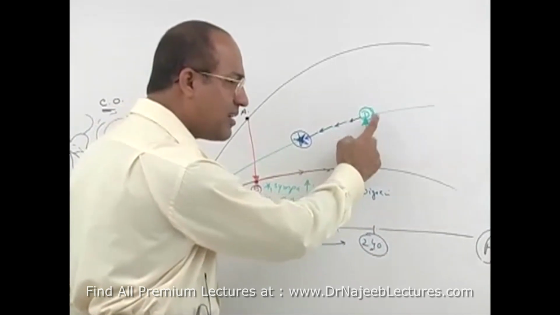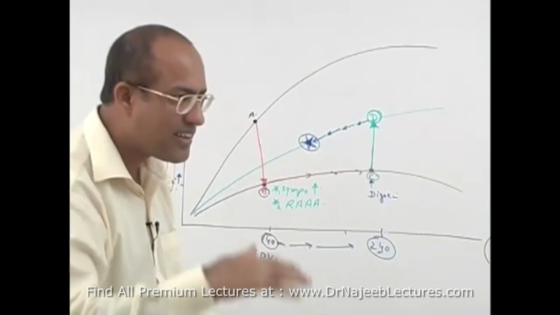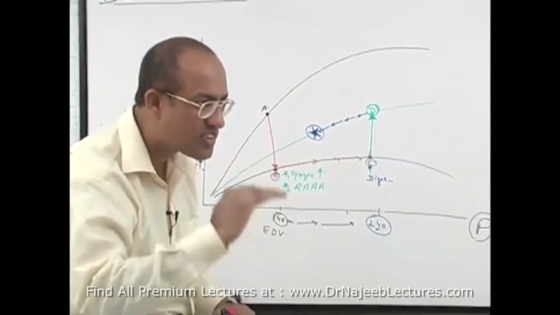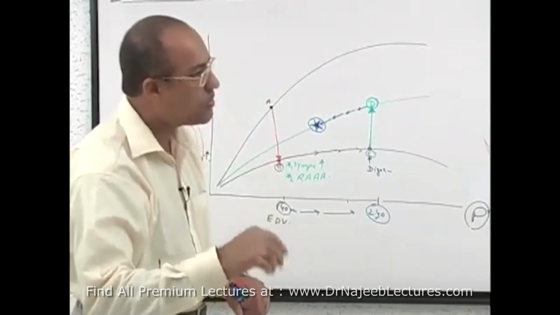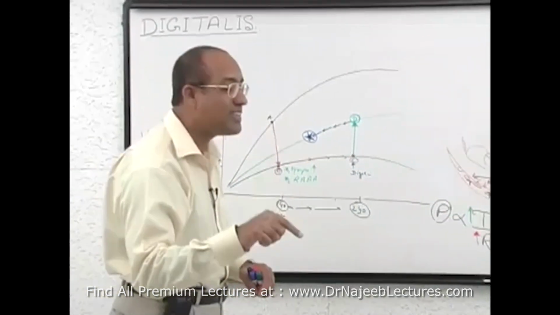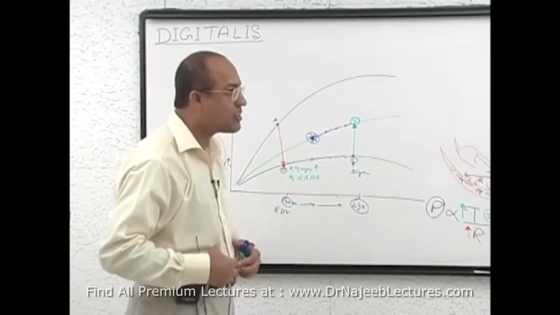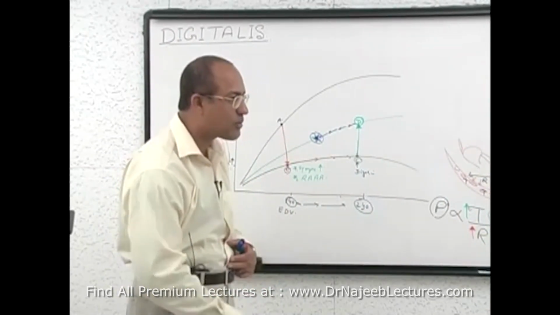renal perfusion will increase. When renal perfusion is increased, the renin, angiotensin, aldosterone excess starts relaxing. When it starts relaxing, salt and water retention become less. Because there's less aldosterone, salt and water start washing out.